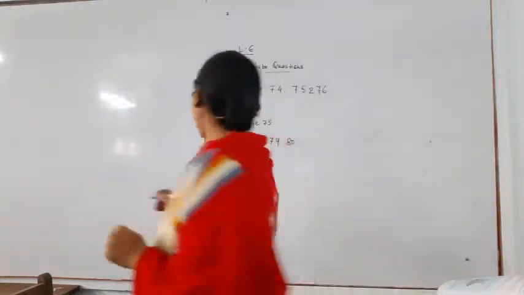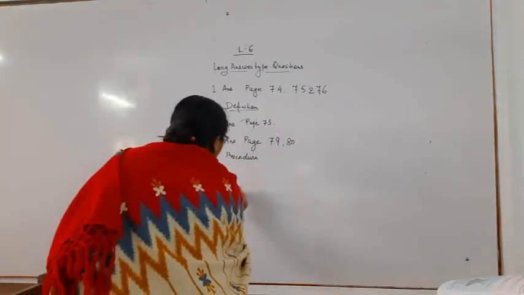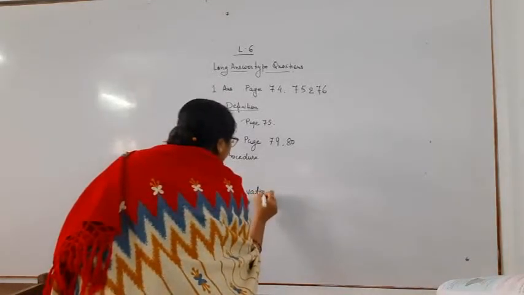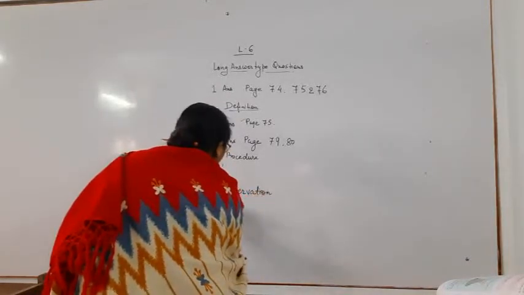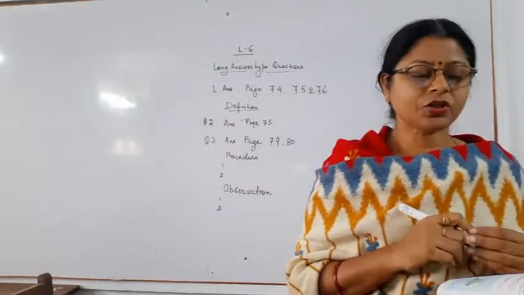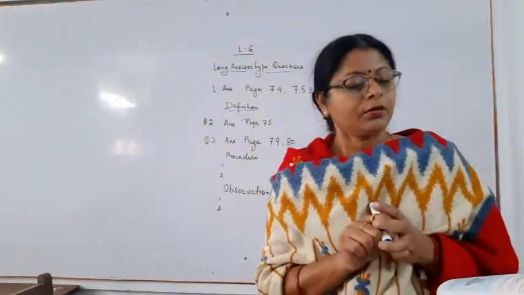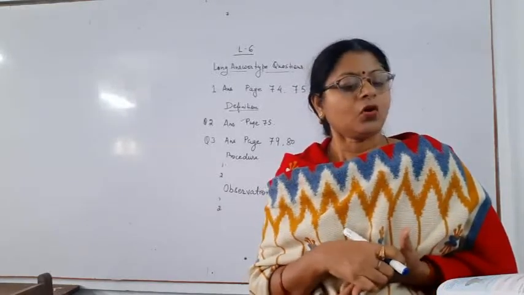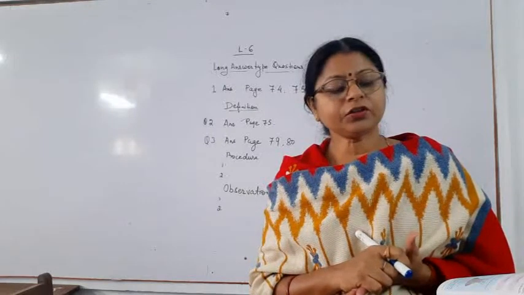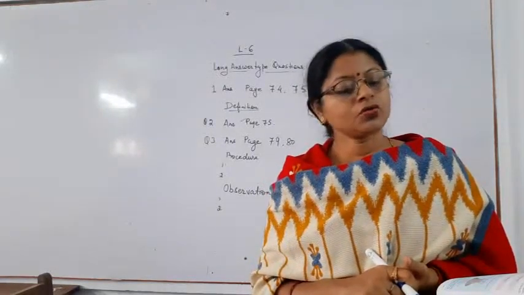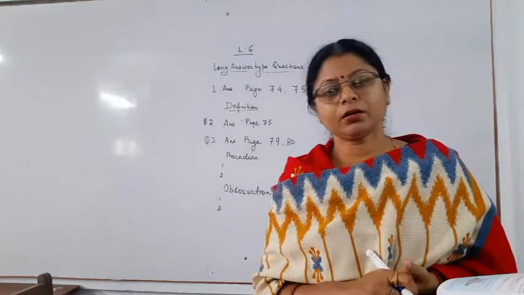After writing the heading Observation, this also you write down in two points, 1 and 2. The first observation you write down: on adding phenolphthalein to NaOH solution, the solution turns pink.